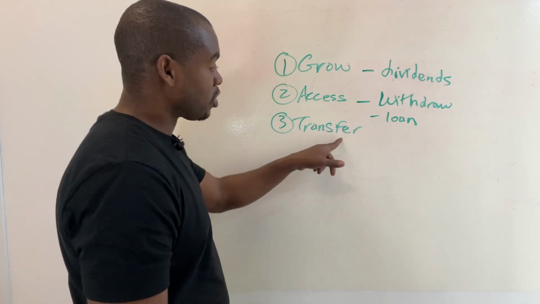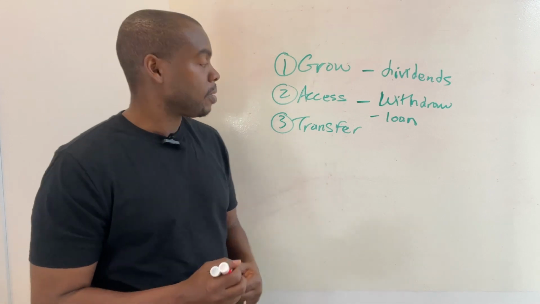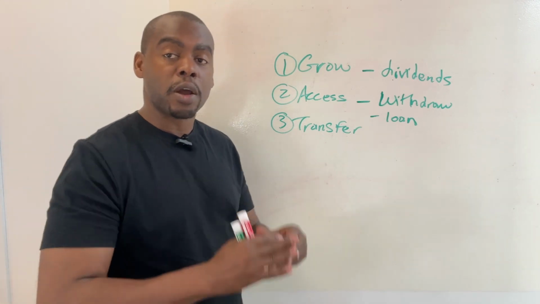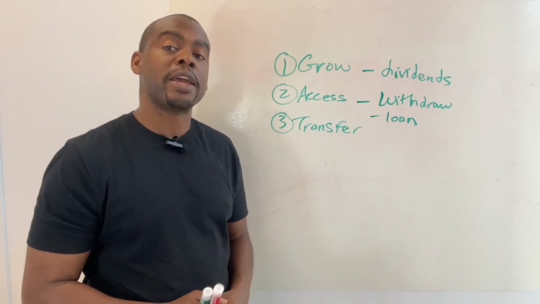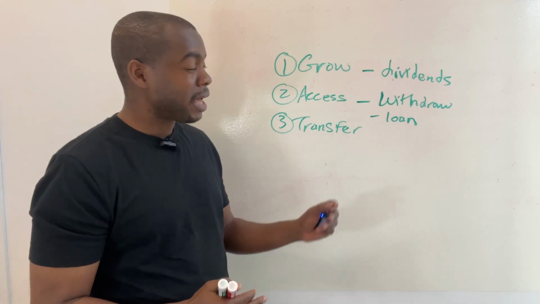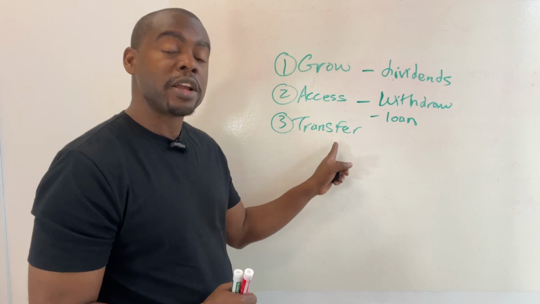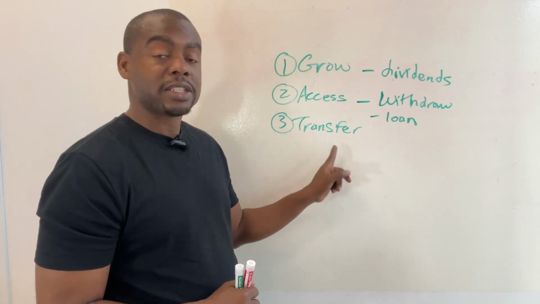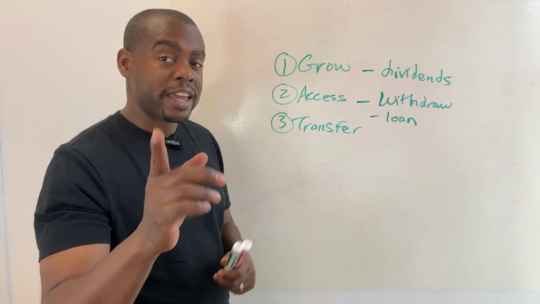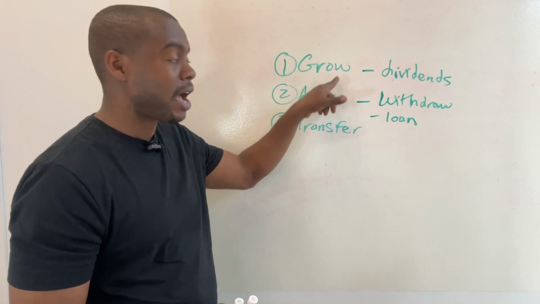The next is transfer. So when you die, the death benefit is going to go to your beneficiary completely tax-free. They will pay 0 taxes on it, okay? So unlike an annuity where taxes are paid, with a life insurance policy, no taxes. The money goes directly to your beneficiary and they're not taxed. Again, it goes back to the reason up here why they allow the growth to be not taxed.